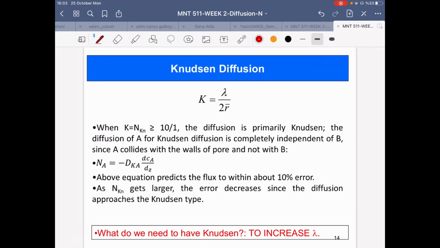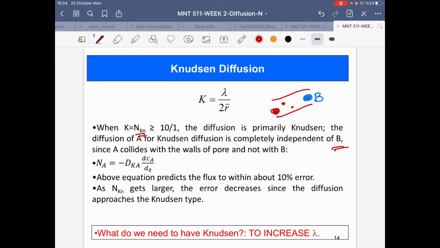So when the Knudsen number is higher than 10, approximately, the diffusion is primarily Knudsen. The diffusion of A for Knudsen diffusion is completely independent of B, because it doesn't see B. The molecule B is also in my pore. These are A's and B's. They're trying to diffuse. This is my B, and this is my A.